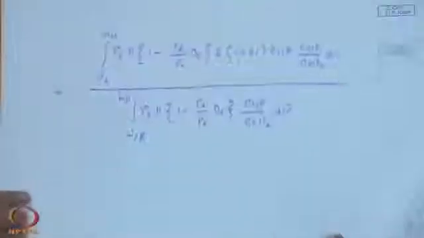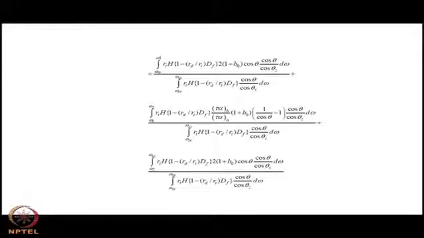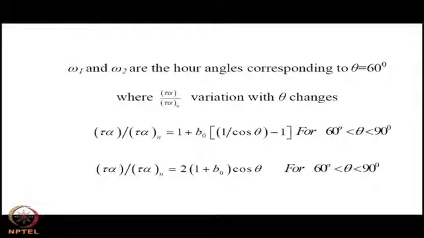So, this is what we get as a summation of 3 terms, where omega 1 and omega 2 are the hour angles where theta will be equal to 60 degrees.